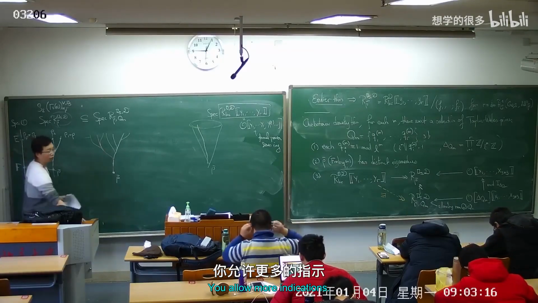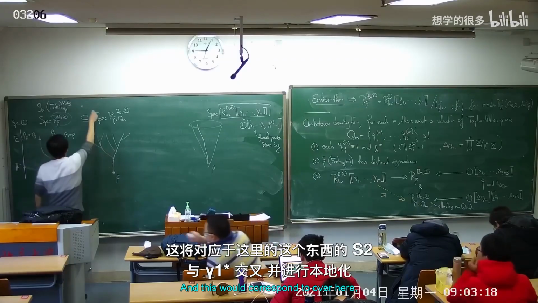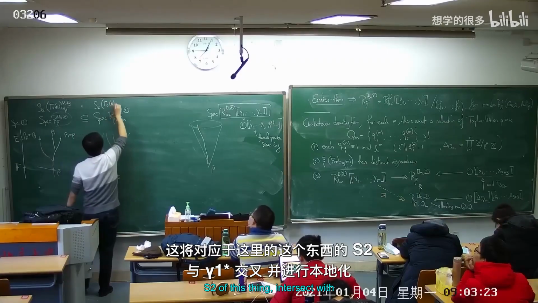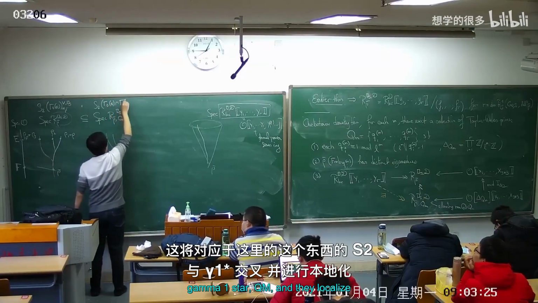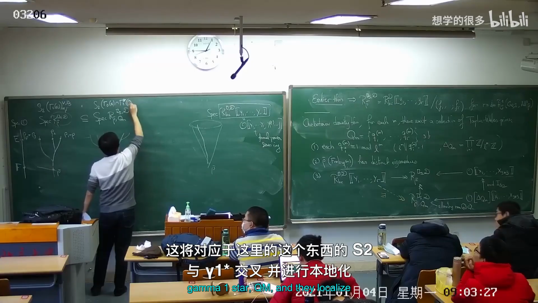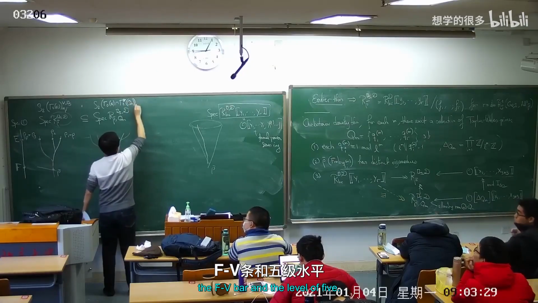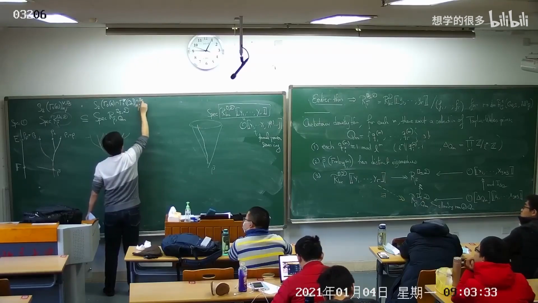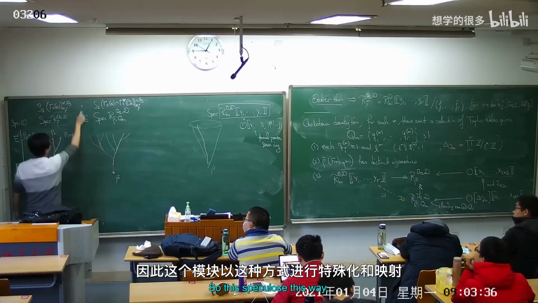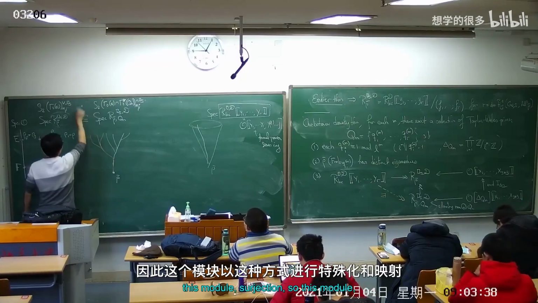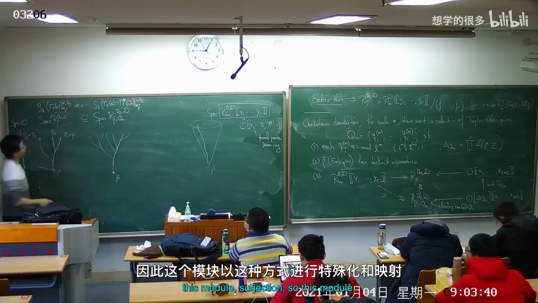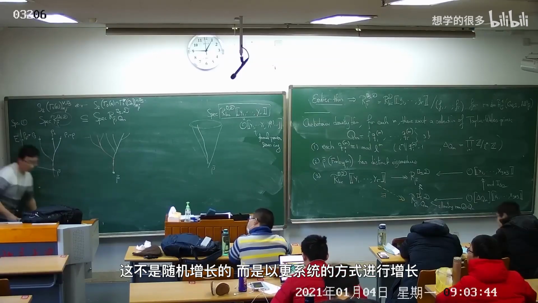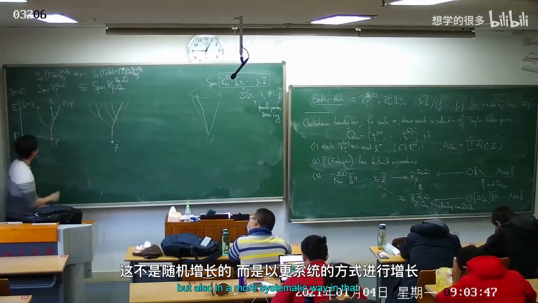You allow more ramification. And this would correspond to over here, S2 of this thing, intersect with gamma 1 star QM, and they localize at M rho bar prime, double prime. So this spec goes this way, but this module surjection goes the other way. This is not growing in a random way, but in a systematic way.